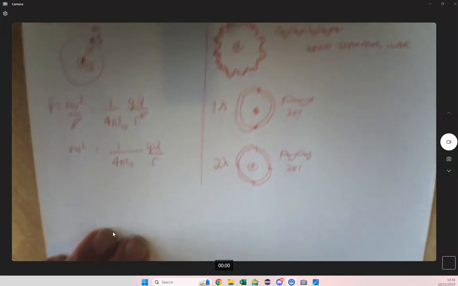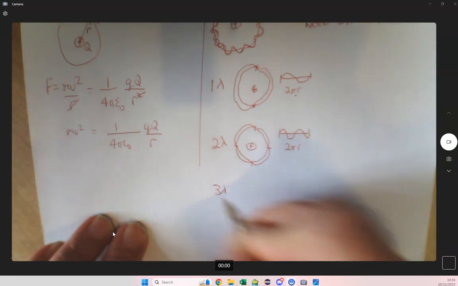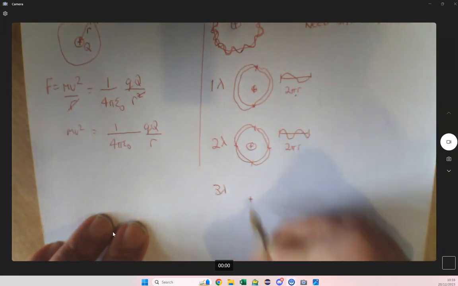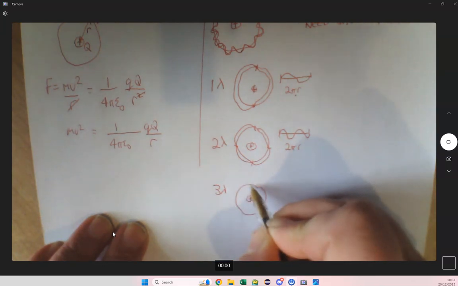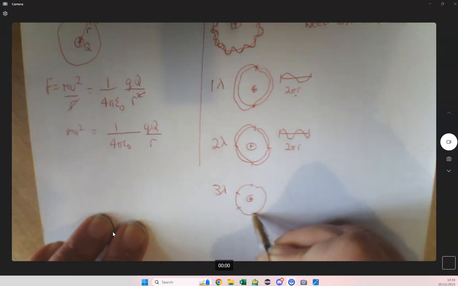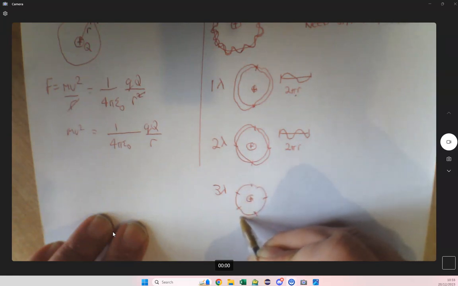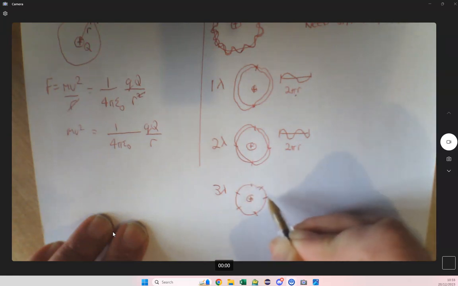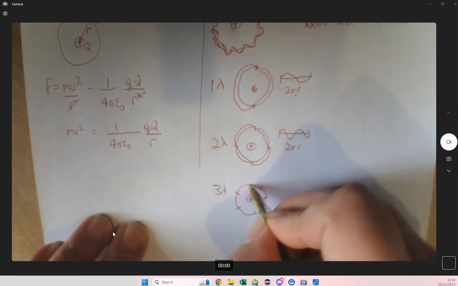Third scenario then, we're going to consider. So 3 wavelengths. Probably guess there's a pattern here. There's my radius. Now I've got to have 3 wavelengths. I've drawn it a bit badly, but there we go.